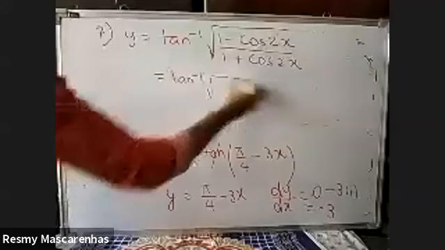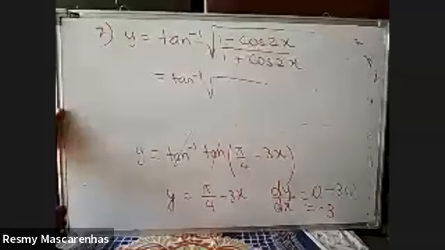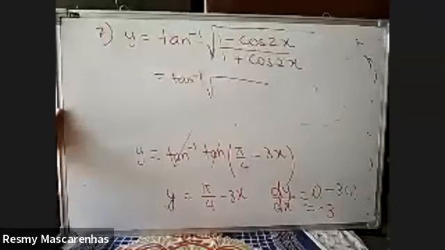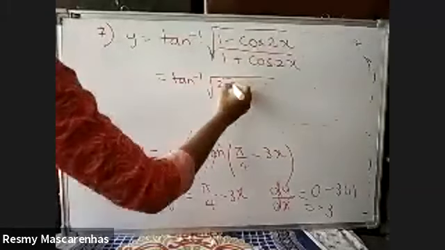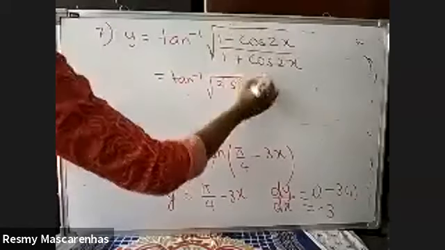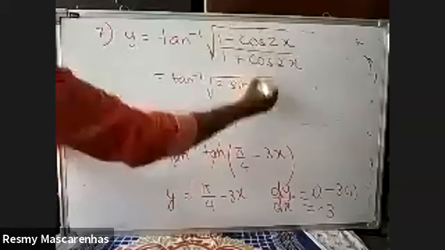Minus means I told you always sine, and plus will always be cos. So 2 sine square. Already double is there, 2 is there, so it will become 1.